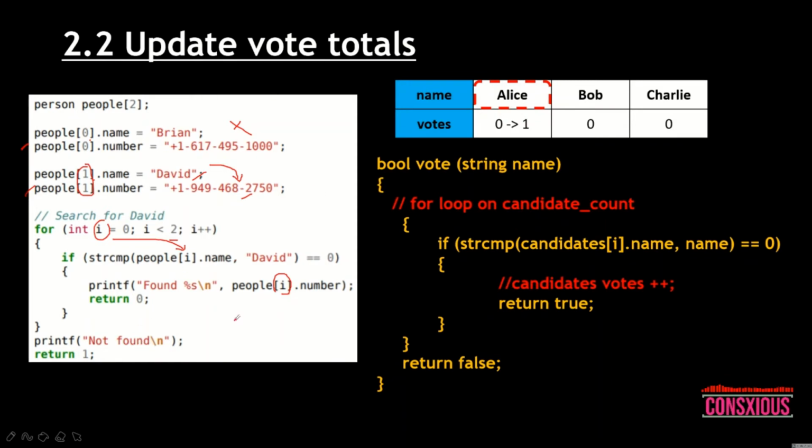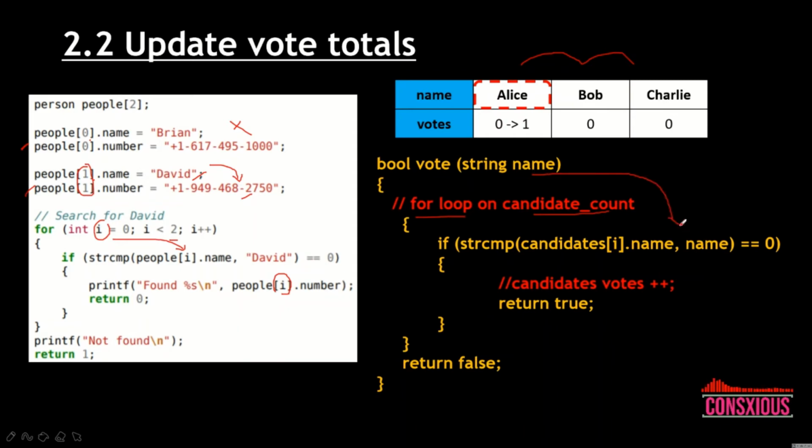So we can use a similar concept for our problem here. What I do is bool vote, string name, do a for loop on the candidate count. Then we do an if string compare of the candidates i dot name and the name.